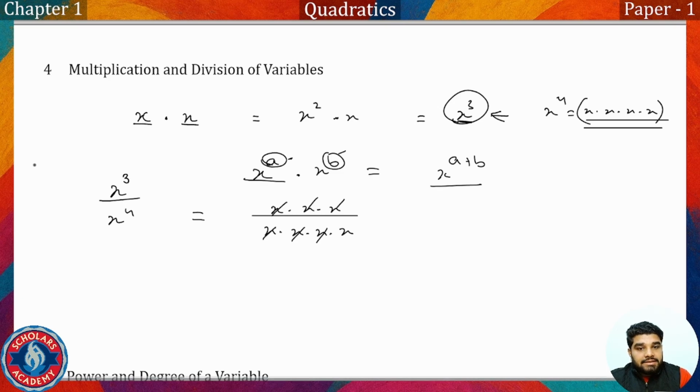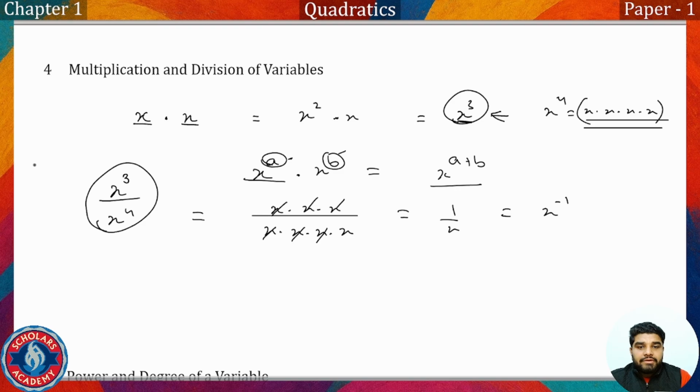These are getting cancelled out. We are left with 1 over x. This can be written as x to the power -1. Whenever we shift a variable from denominator to numerator or numerator to denominator, we change the power by negative. So that will help us to simplify this as well.